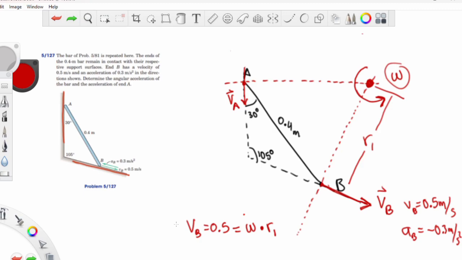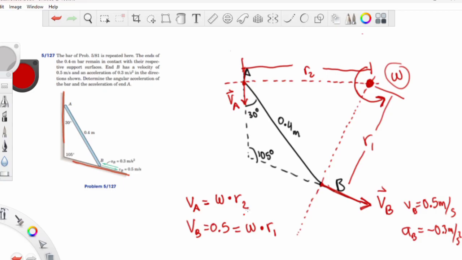Now we can apply the same relationship between omega and the distance r2 and the vector VA. So we have that VA is equal to omega, same variable, times r2.